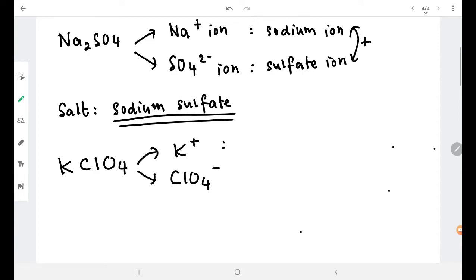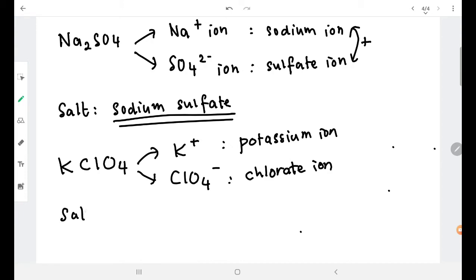So K plus is potassium ion and ClO4 minus is chlorate ion. So the name of this salt is potassium chlorate. Okay.